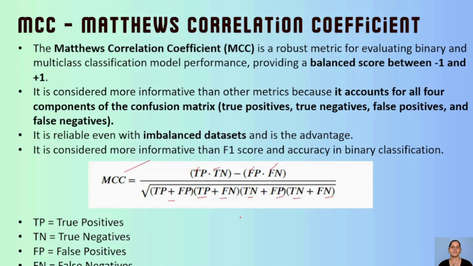So it's a combined effect, and I can say it's more robust as compared to all other metrics. So these are the full forms of the short forms used in this.